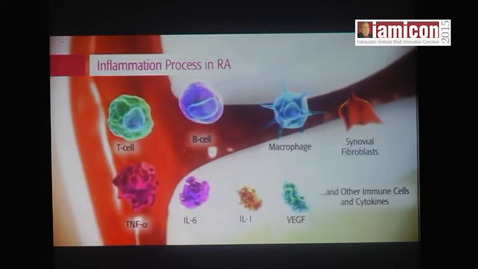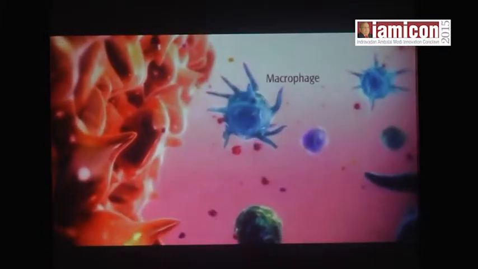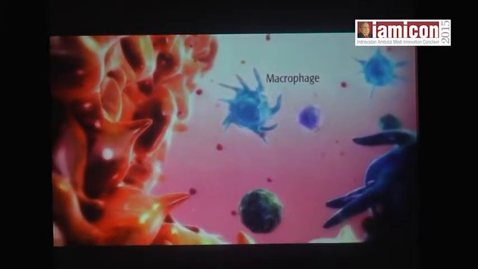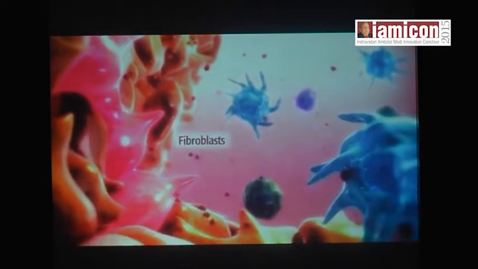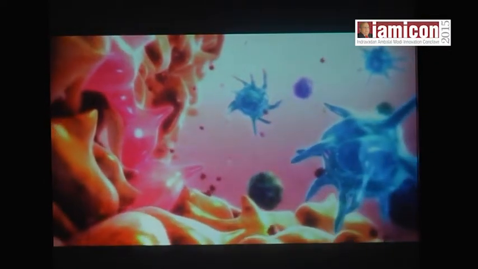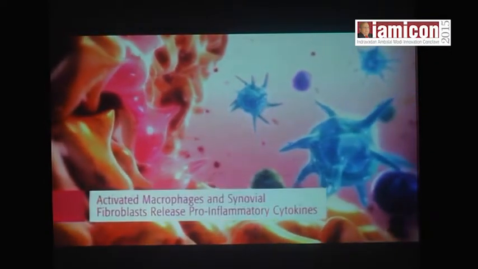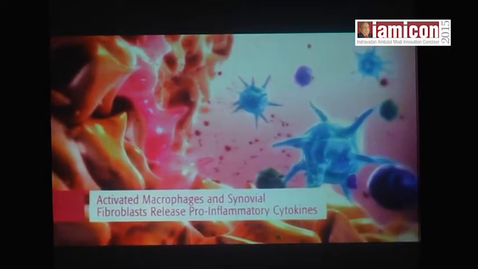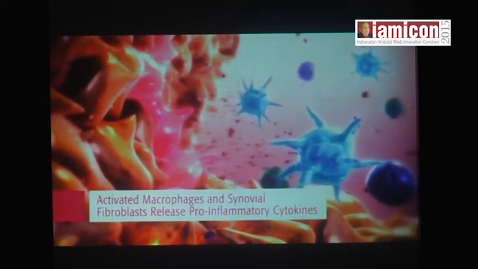As a key pro-inflammatory cytokine, TNF-alpha, along with other cytokines, activates immune cells, including macrophages, as well as other cells such as synovial fibroblasts. In a key step, activated macrophages and synovial fibroblasts release pro-inflammatory cytokines, including TNF-alpha, IL-1, and IL-6, and mediators of vascular growth, including VEGF.